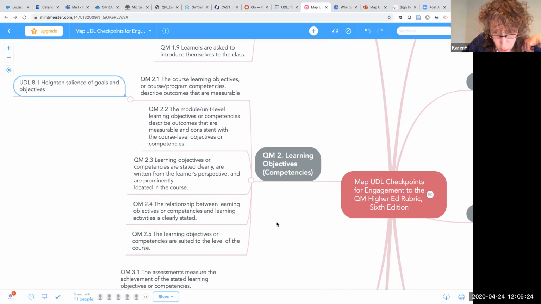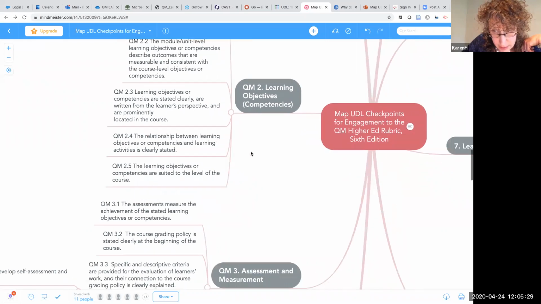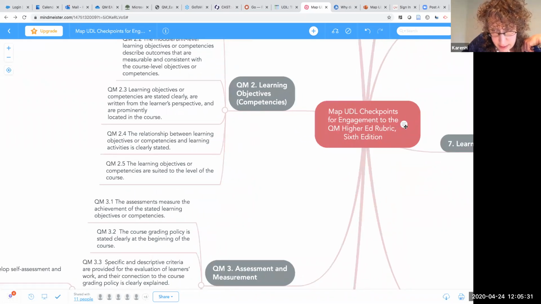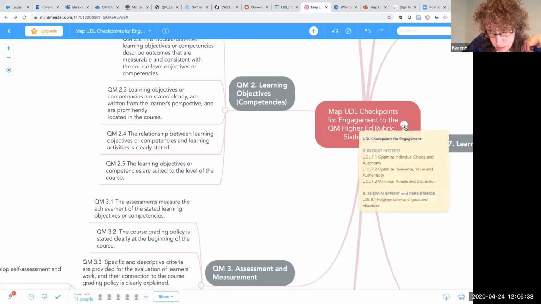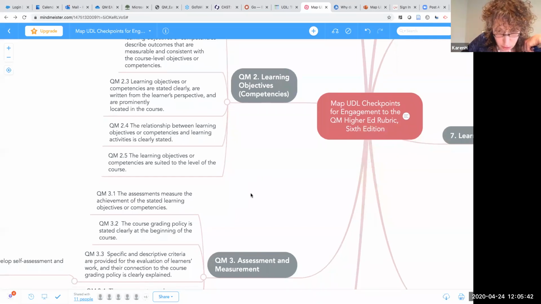So I've put in all of the checkpoints. They're all here, in this little text bubble at the centerpiece. So you don't have to worry about looking for them on the CAST website or in our presentation. They're all there.